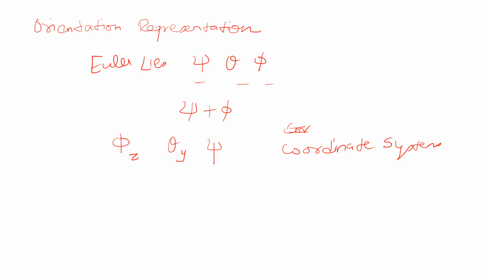The second is the spherical coordinate system, where phi and theta are the azimuth and zenith angles, and psi is the ray length, right? And the third is the cylindrical coordinate system, where phi and theta are circular coordinates, and psi is the z coordinate.